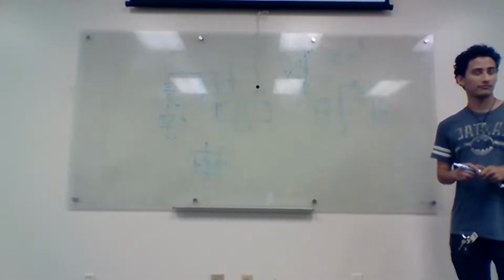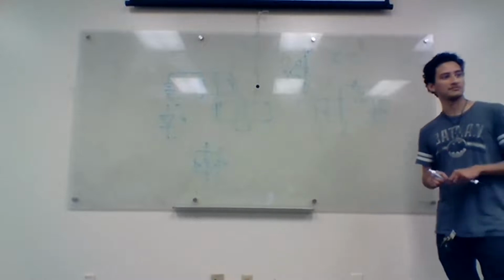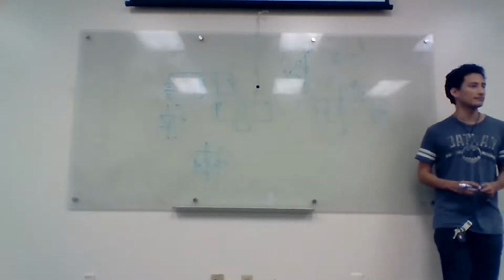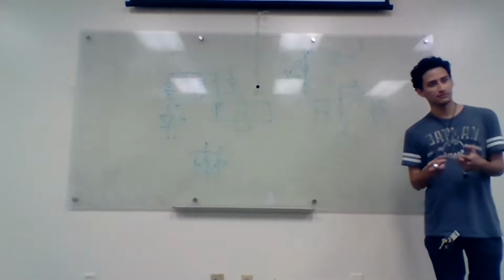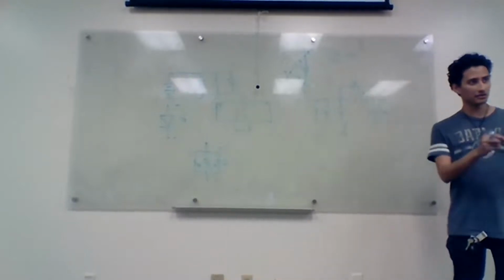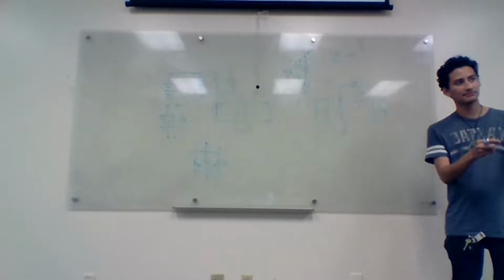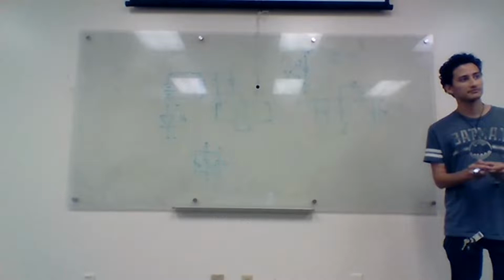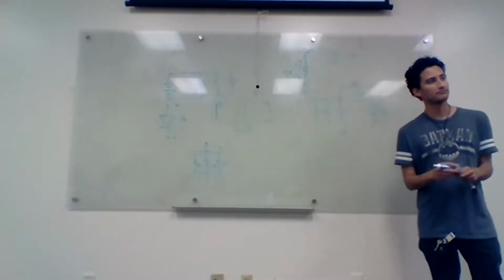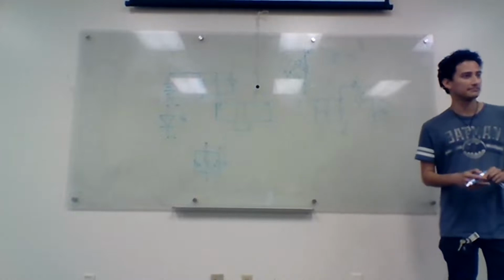For R prime B, prime C prime, those will be specified in the problem. Those are like your contacts. So when you make a transistor, you put a lead onto the terminals, and those have resistances. So that's your R prime B, prime C prime. It's just a non-ideal thing.